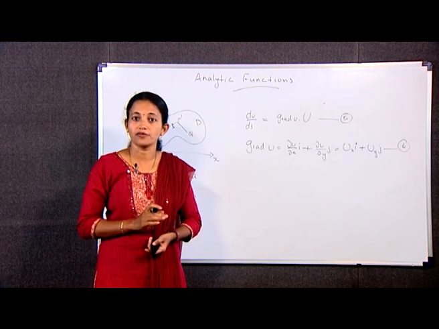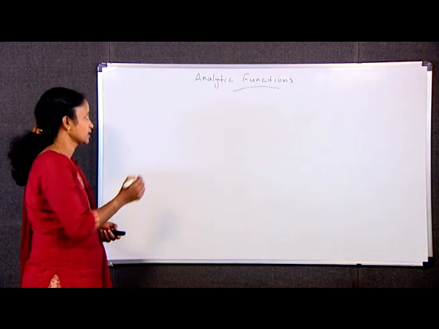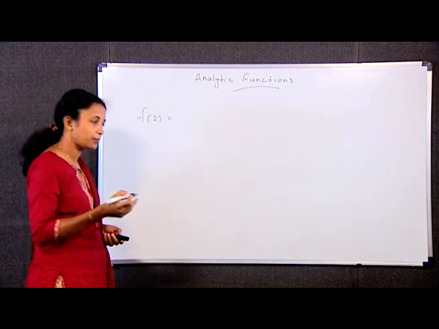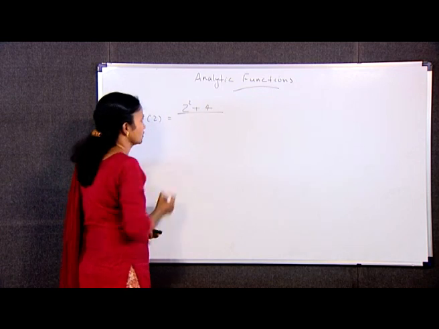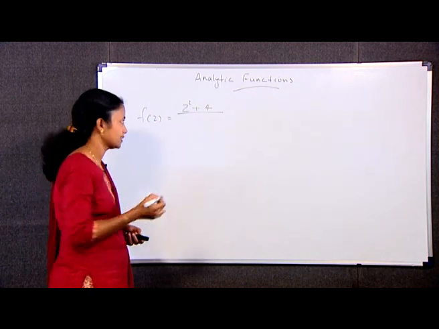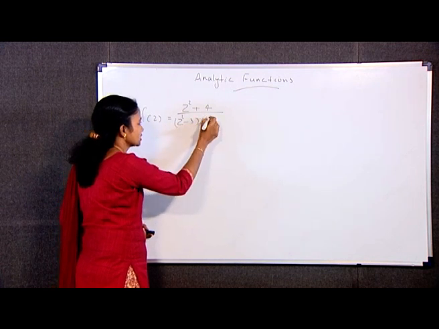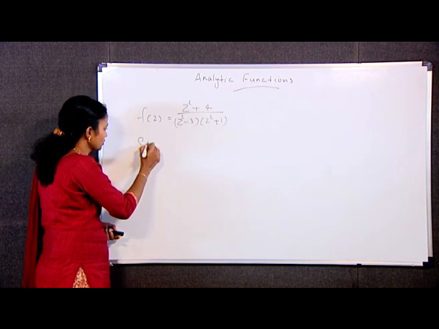Next example, verify analyticity using differentiation formula, that is f(z) is equal to (z square plus 4) divided by (z square minus 3) into (z square plus 1). This is our solution.